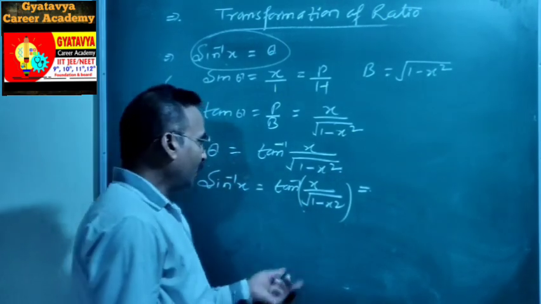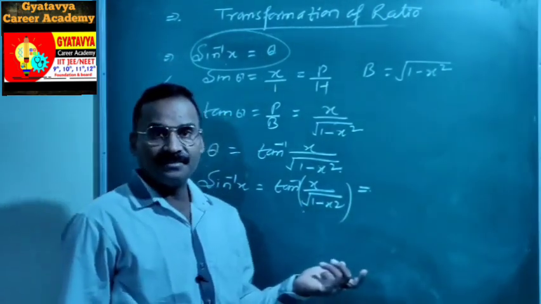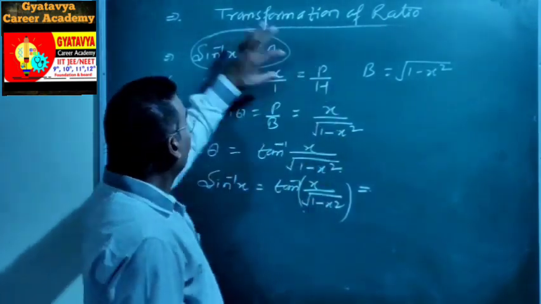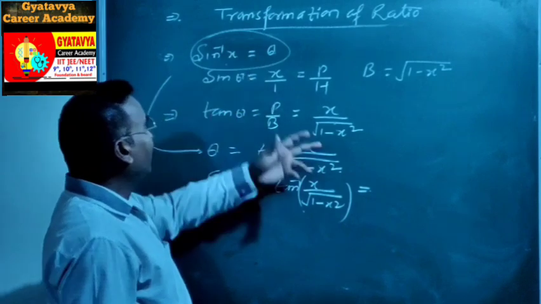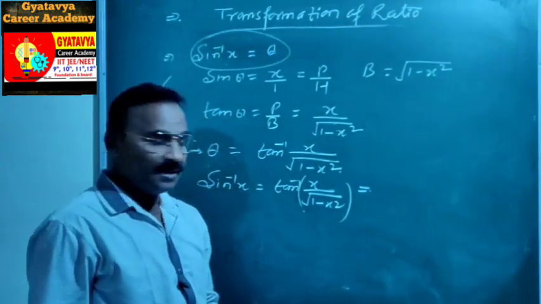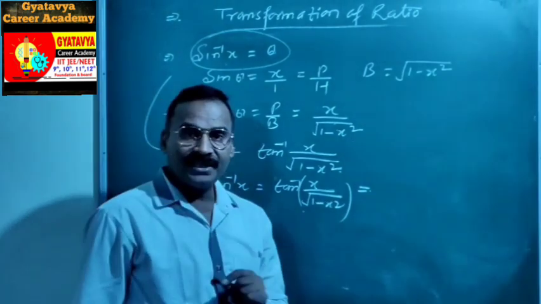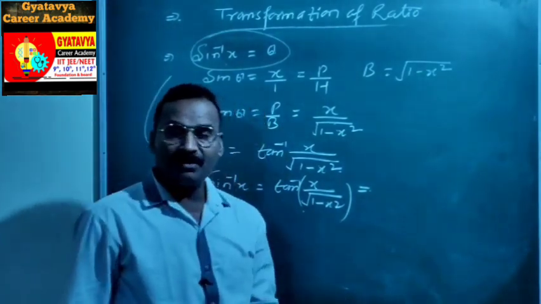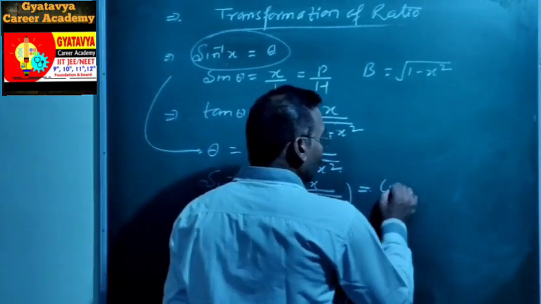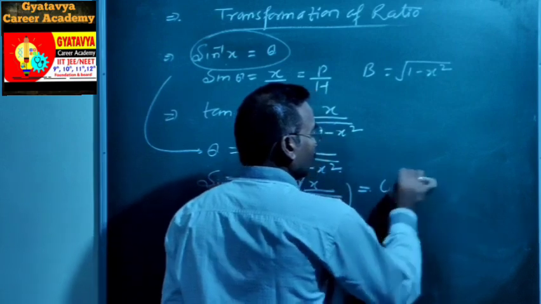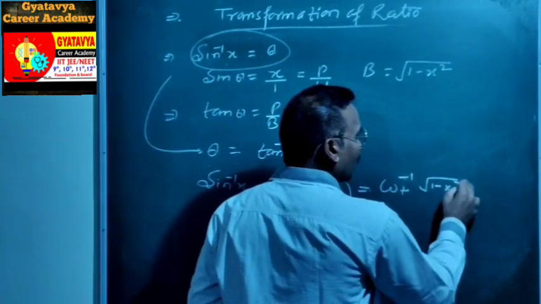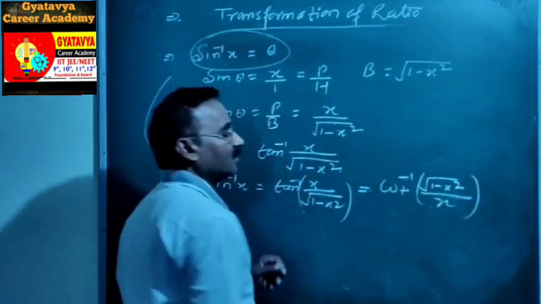Obviously cos theta. And sine theta upon cos theta gives tan theta. So for cot inverse x, what is cos upon sine? Root of 1 minus x square by x.